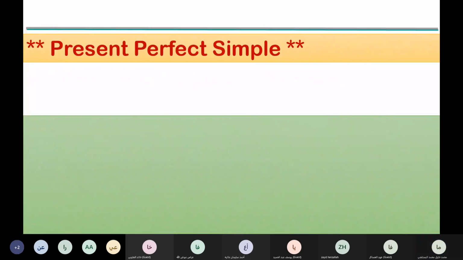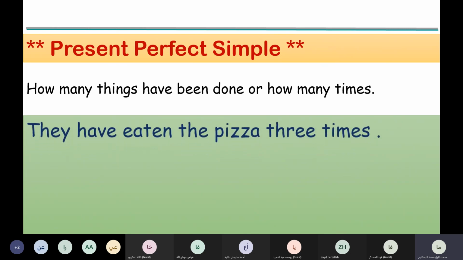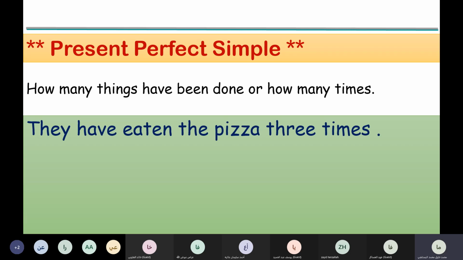You're good. The present perfect, if you remember, we ask about the things done or the number of things done up to now. How many things have you done or how many times? They have eaten pizza 3 times a week. Here we focus on what? The number. Good.